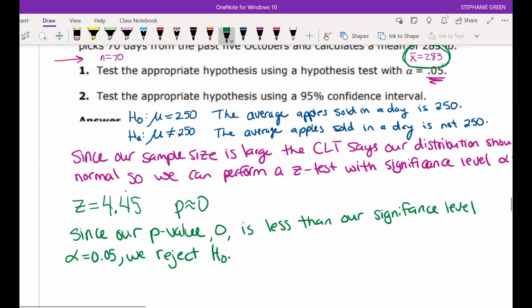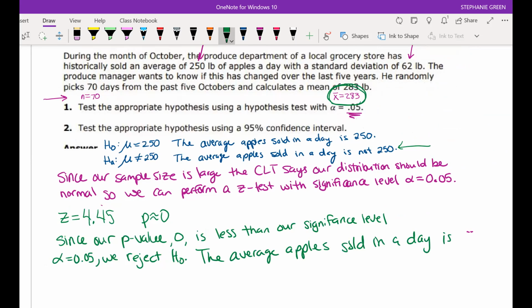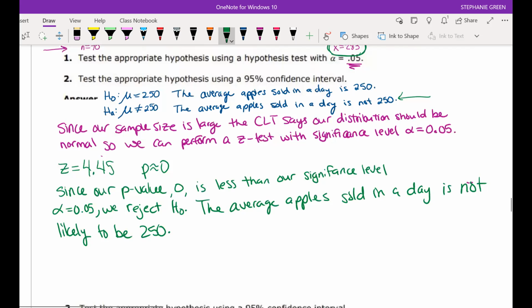That means that the alternative hypothesis is likely to be true. So the average apples sold per day, going back to my alternative hypothesis up here, is not likely to be 250. And that's it. So that is our hypothesis test.